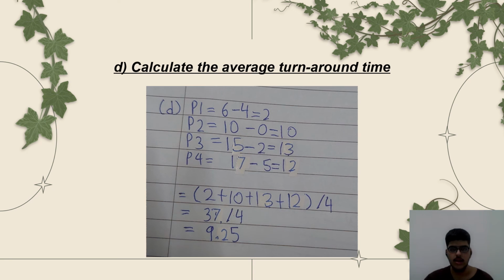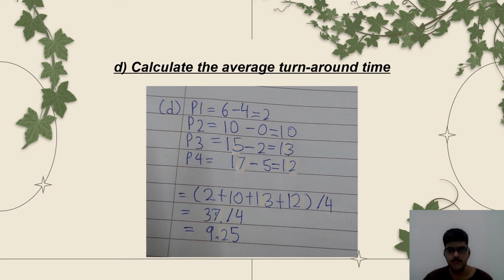For the last question, question D, calculate the average turnaround time. Turnaround time is completion time minus arrival time. P1, 6 minus 4, you will get 2. P2, 10 minus 0 equals 10. P3, 15 minus 2 equals 13. P4, 17 minus 5 equals 12.